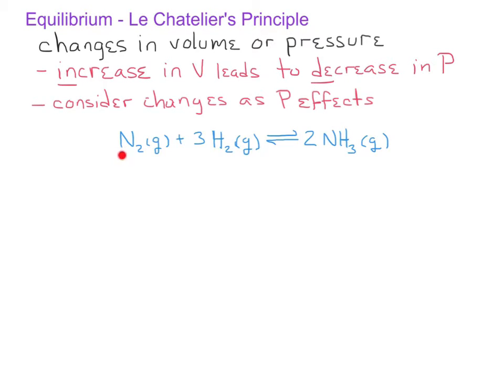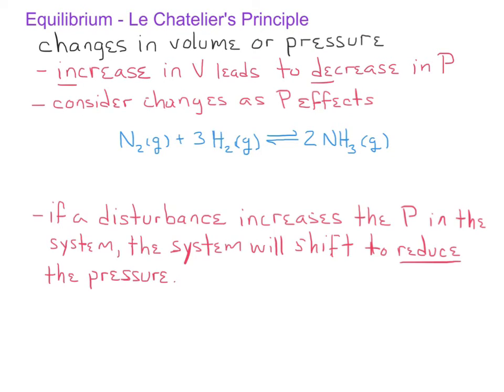Now let's consider the reaction where nitrogen gas reacts with hydrogen gas to form ammonia gas. Now, as we would expect with Le Chatelier's principle, if we have some disturbance in the system that increases the pressure of the system, then the system will try to regain equilibrium by shifting in the direction that reduces the pressure in the system. So again, the change will try to counteract or minimize the disturbance that has been created in the system.